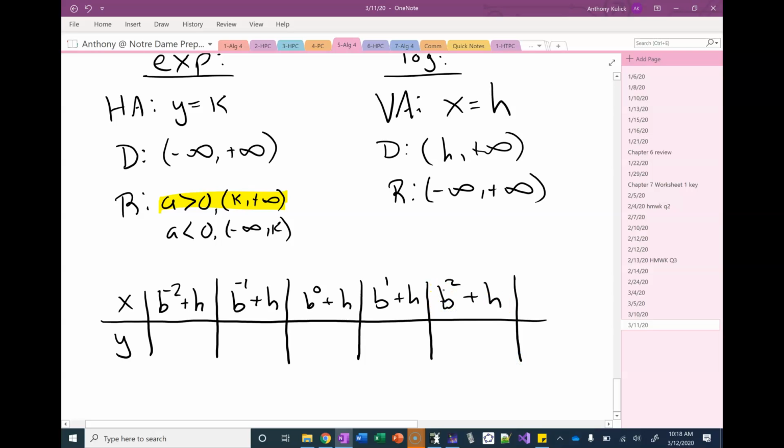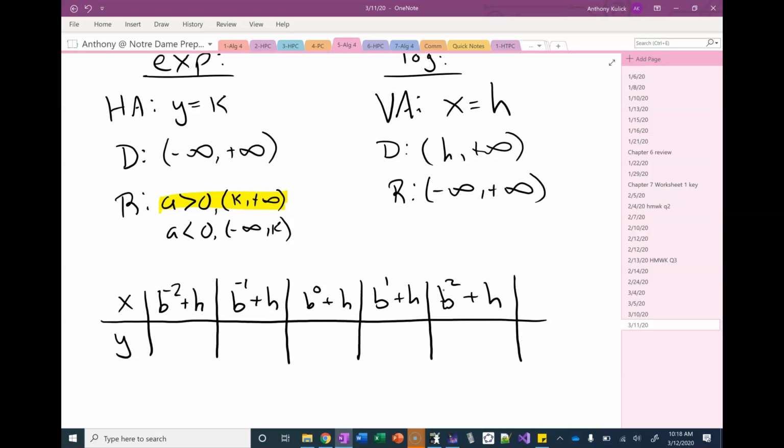So this is how we'll choose our x's: b to the negative 2 plus h, b to the negative 1 plus h. Go ahead. Yeah. B to the 0 plus h, b to the 1 plus h, and b to the second plus h.